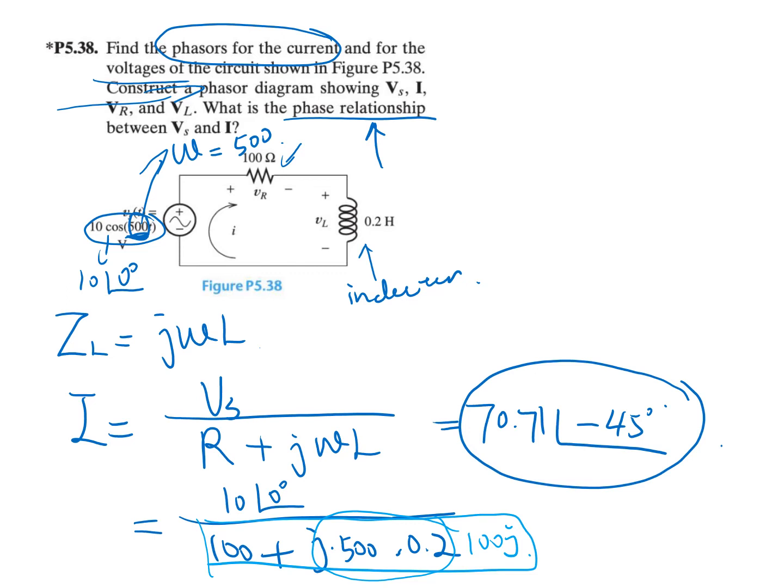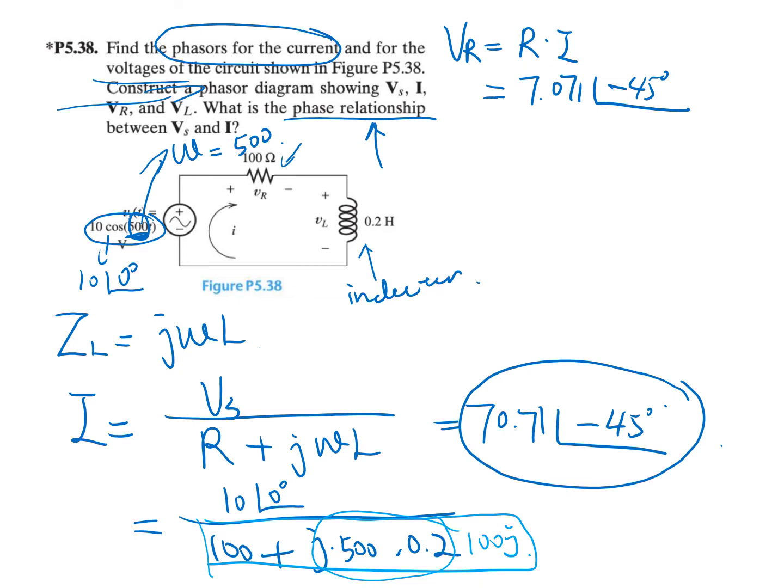So what we need to do here is very straightforward. We only need to apply Ohm's law to the currents to find the voltage value. So VR is R times I, and if we substitute the value, we get 7.071 at an angle of negative 45 degrees.